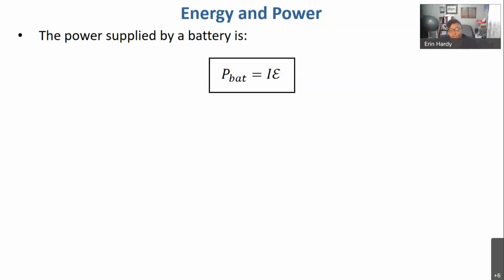We know that there's a joule embedded in the volt, because a volt is a joule per coulomb. And we also know that there's a time unit, a second, embedded in the definition of the amp. An amp is just a coulomb per second.